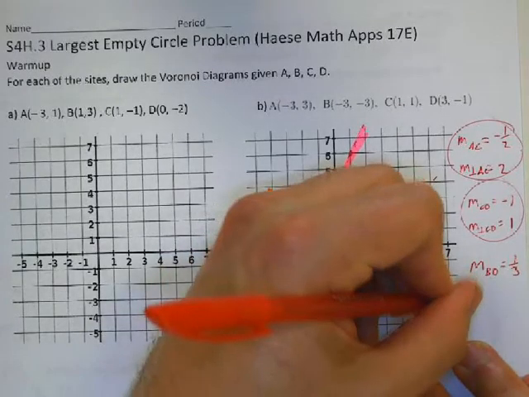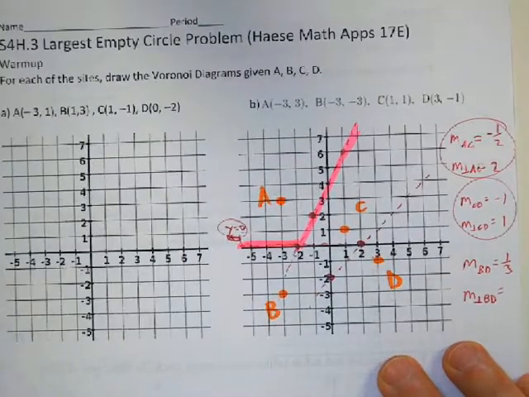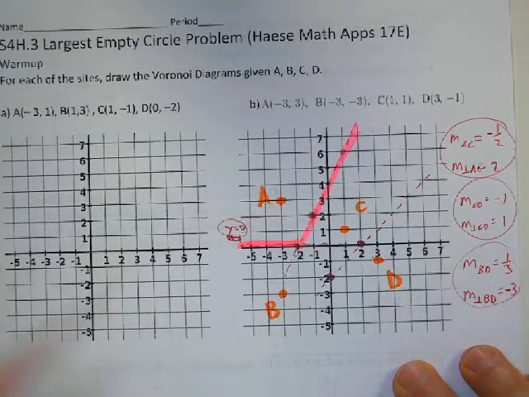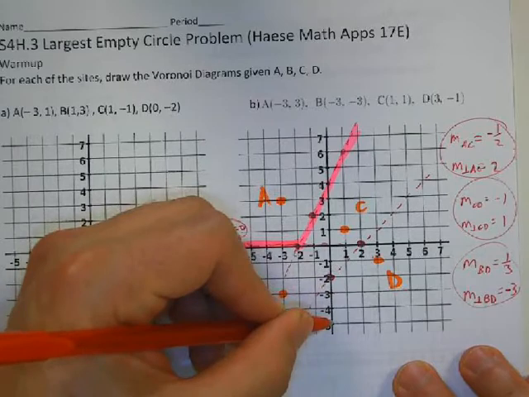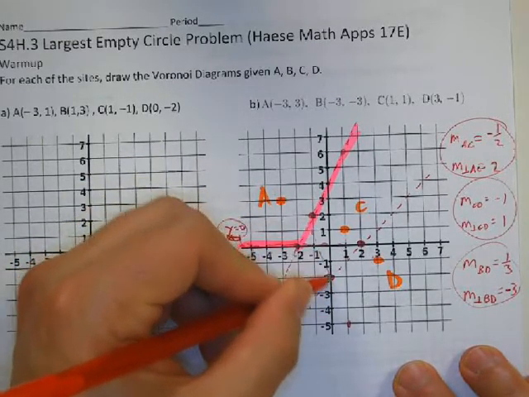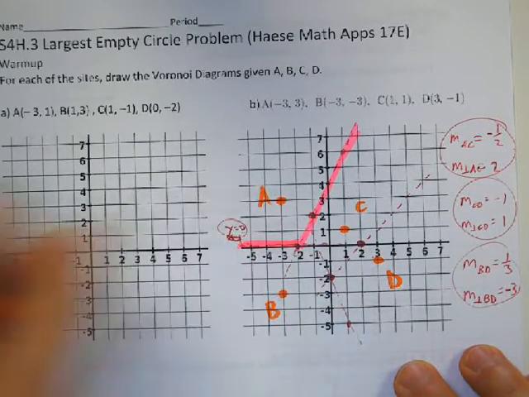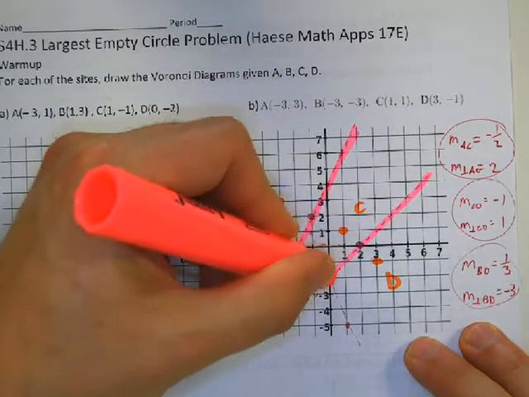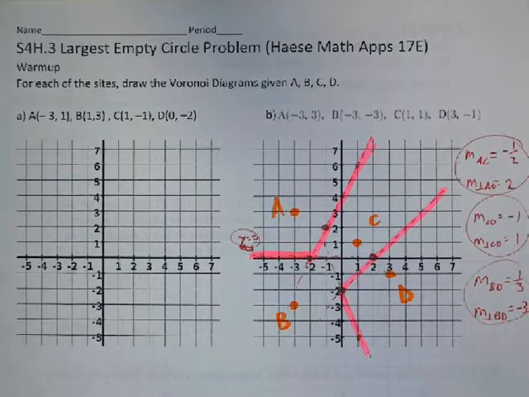The perpendicular slope of BD is going to be the opposite sign and the reciprocal, so it's going to be -3. From here I'm going to go down 3 over 1. Now I've got my line, and there's the vertex midpoint, and now I can draw those lines. Here's my boundary line between C and D. Here's the boundary line between B and D.